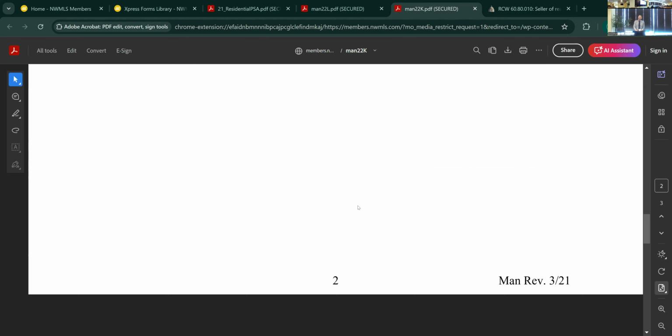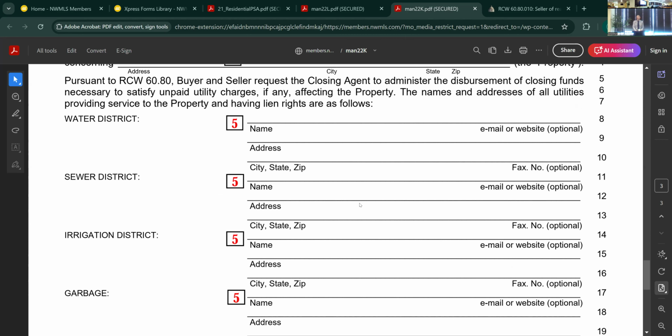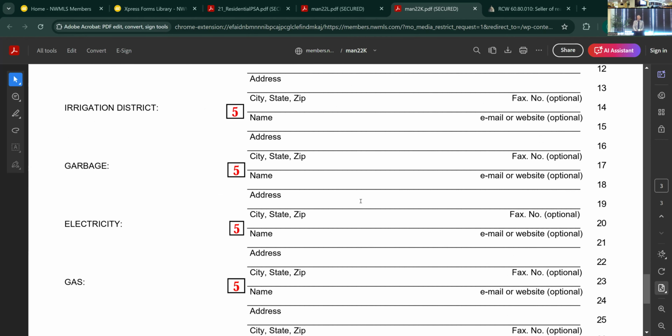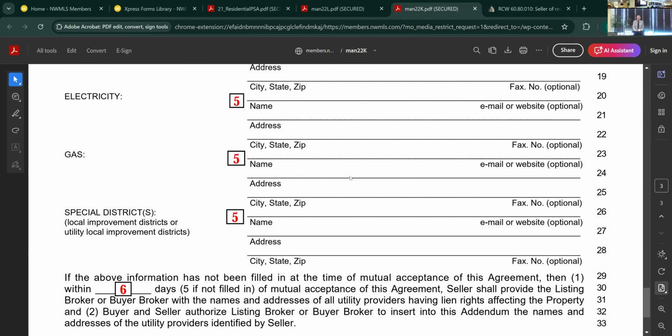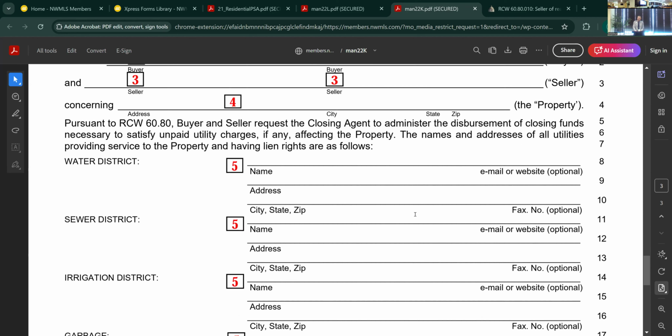So we can look at all of these different ones. We have a water district, sewer district, irrigation district, garbage, electricity, gas, or any special districts, local improvement districts, or any utility local improvement districts, which there could be. Very rare that you get that one, but.